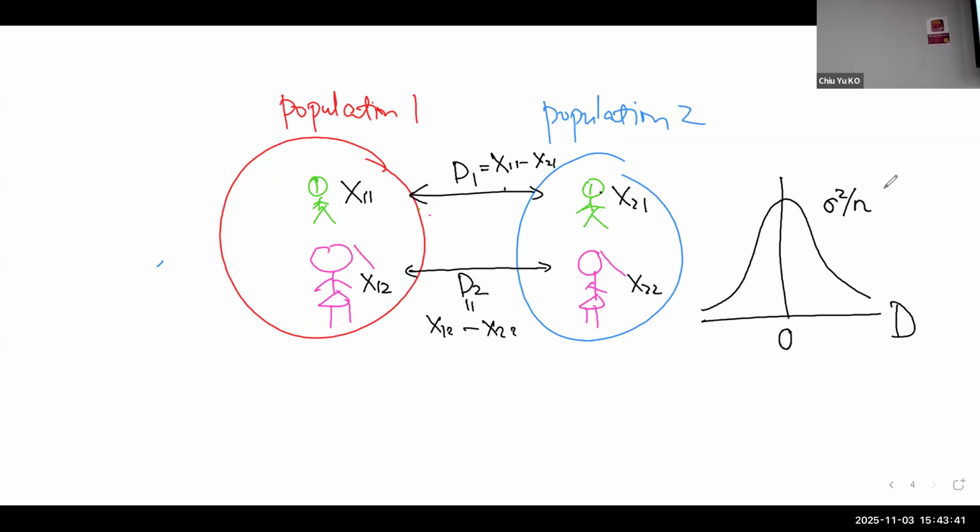It's just a simple one sample test. The null hypothesis is D equal to 0, versus the alternative D not equal to 0. If you don't know sigma, you use S, and then it is the standard t-test.